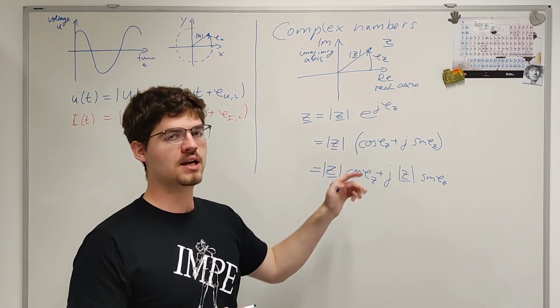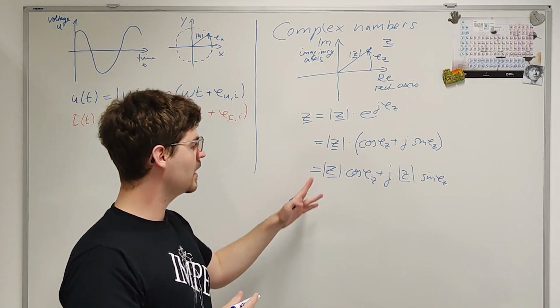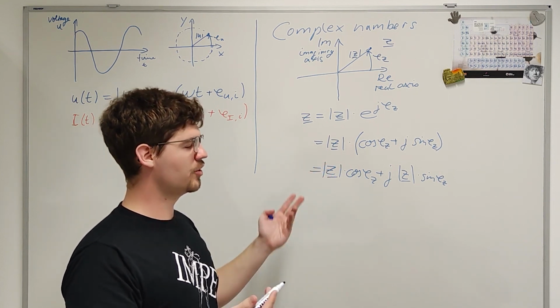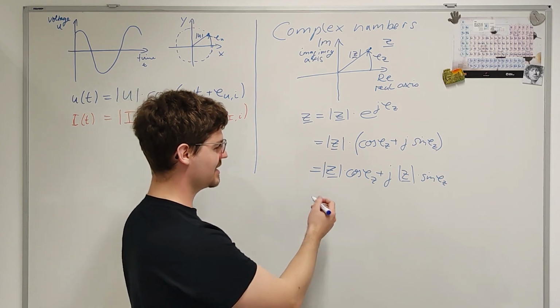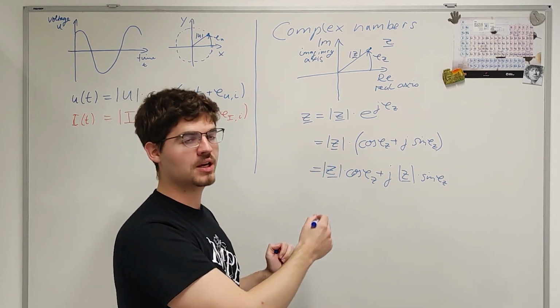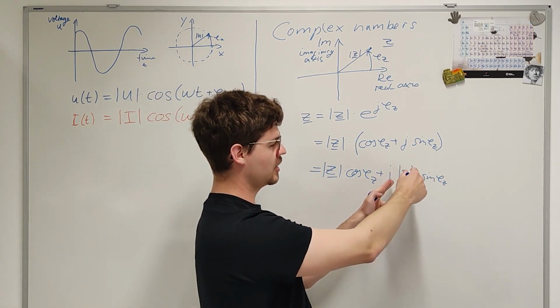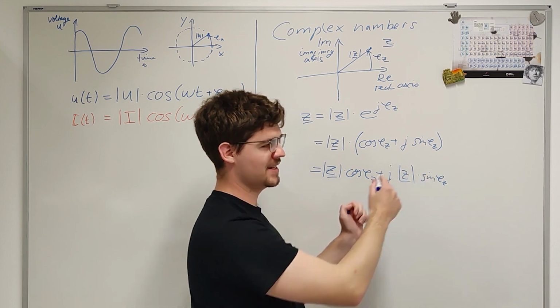The cosine and the sine will be some value varying between 1 and minus 1. And this length of the vector is also just a number we can express. And so we can contract this magnitude of z times cosine of phi z to some number. And this term here, the magnitude of z times sine of phi z.